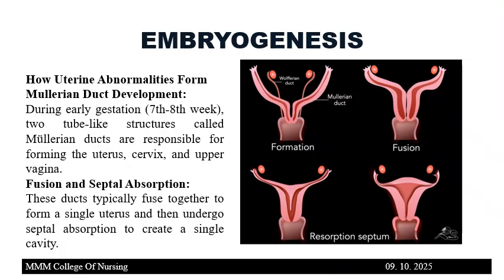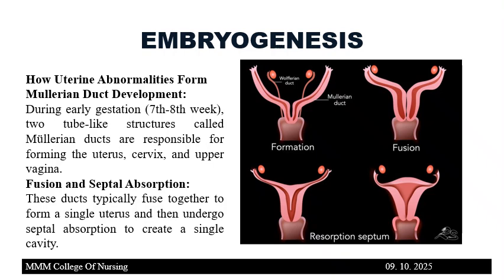During early gestation, as early as the 7th to 8th week, two tube-like structures called the Mullerian ducts are responsible for formation of the uterus, cervix and upper vagina. Next comes the fusion and septal absorption. These ducts typically fuse together to form a single uterus and then undergo septal absorption to create a single cavity.